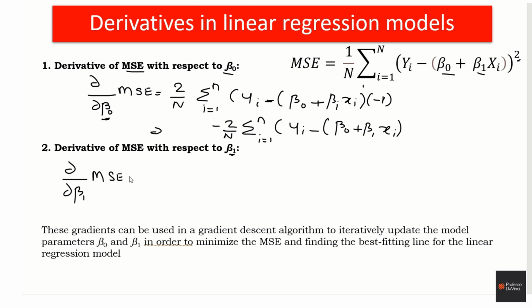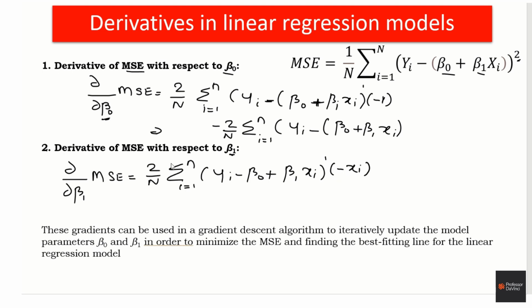We get 2 by n, summation of i equals 1 to n, of (yi minus (beta naught plus beta 1 xi)) to the power 1, times the derivative of the base.